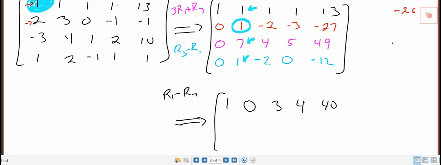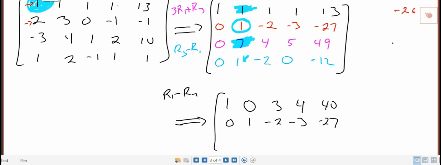Okay. Now I need the 0 below it, and I'm leaving row 2 alone. So for row 3, I want a 0 where that 7 is. So this is the one I'm currently working on. I want that to be a 0. I got the top one already. Now I'm working on that one.